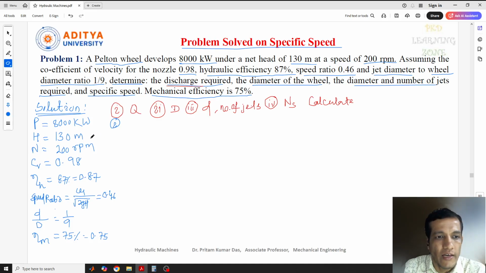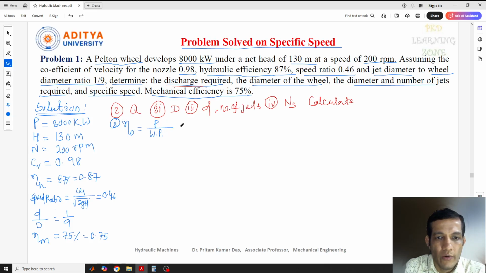If you see the efficiency formula, the Q term is associated there, because we know the formula for overall efficiency: the power developed with respect to water power, or you can say shaft power by water power. Power developed is nothing but shaft power, which is given in our question.